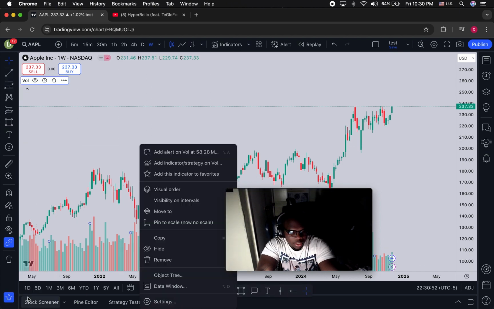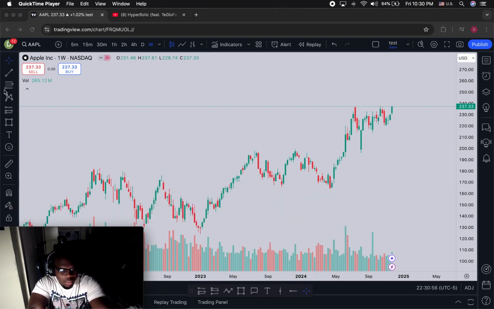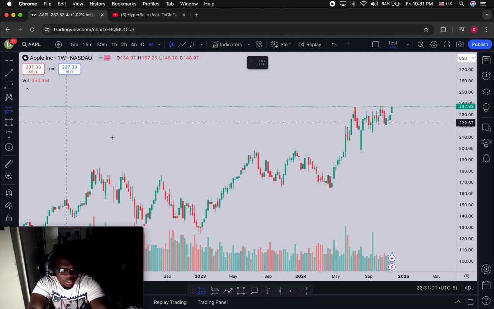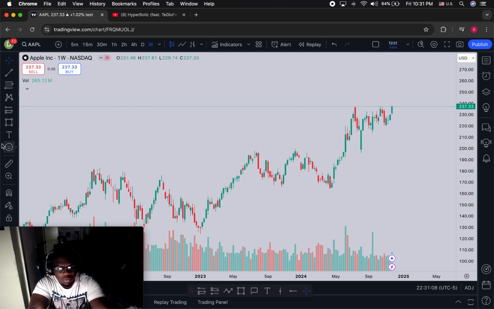We're gonna be using only a couple, so it's all right. Pretty much your toolbar, your text box, square, rectangle, long position. This all just gives you visuals on what you're doing, because if you're trading, you'll be copying it over to a brokerage.